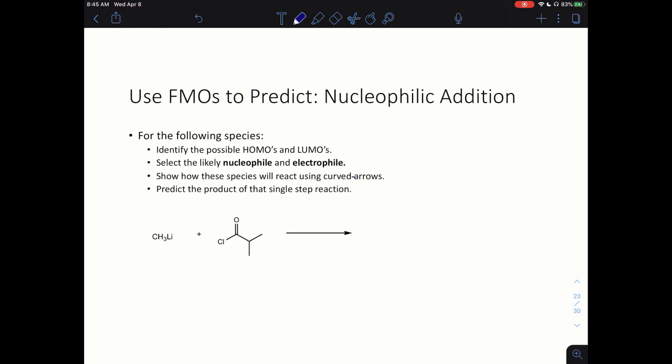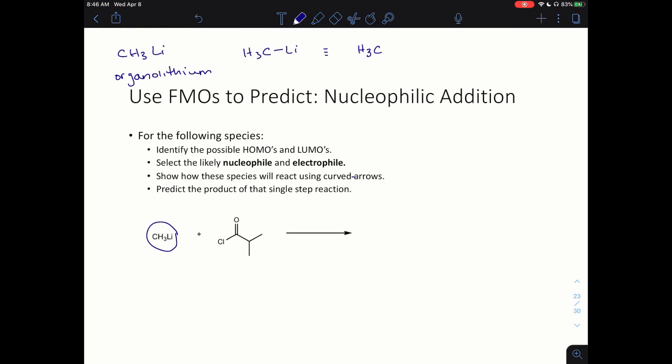Now, I did something a little bit tricky on purpose: I put this species here. So let's write about it up top. This is called an organolithium species. It kind of has a carbon-lithium bond, but we know that bonding is not black and white.